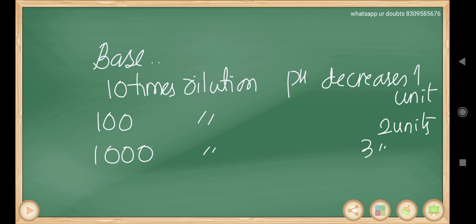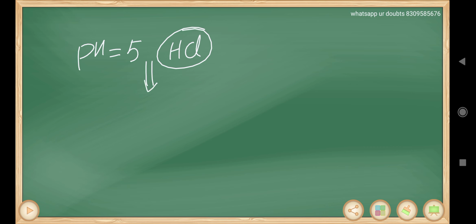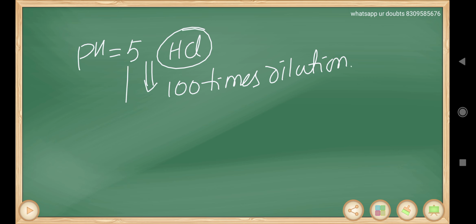But remember one important point. For example, pH is equal to 5 is there, an acid, HCl for example, and you are having 100 times dilution. So for every 10 times dilution, pH increases by 1 unit. For 100 times dilution, pH should increase by 2 units. So you may write 7.